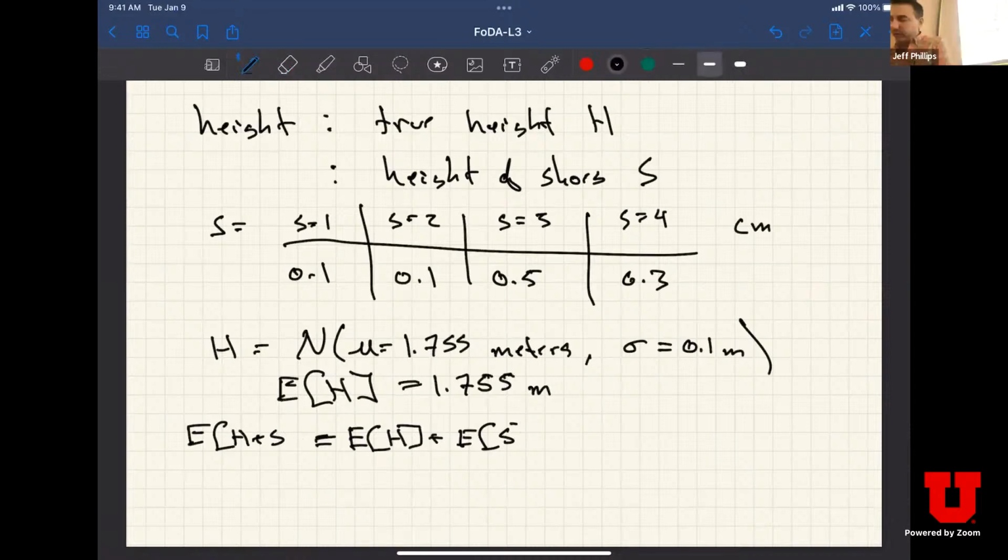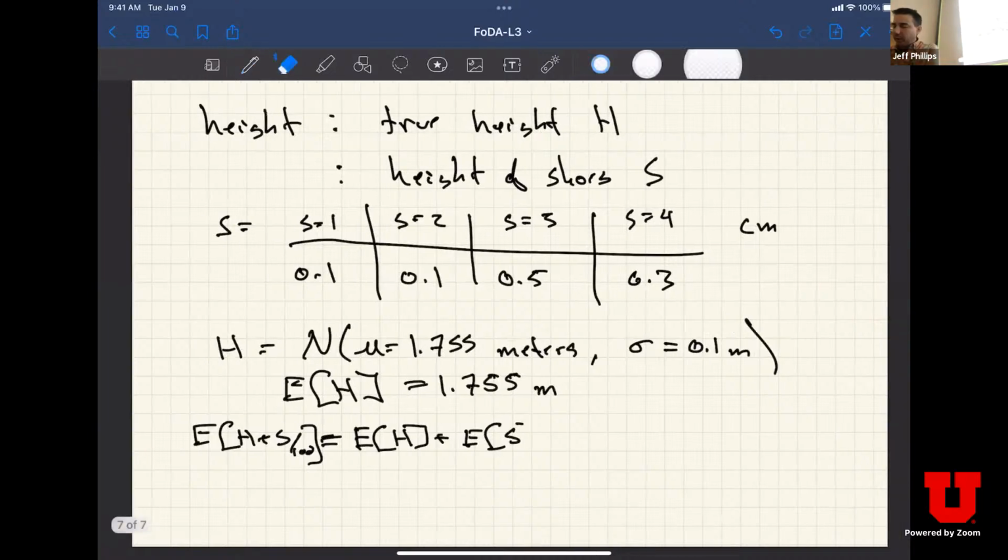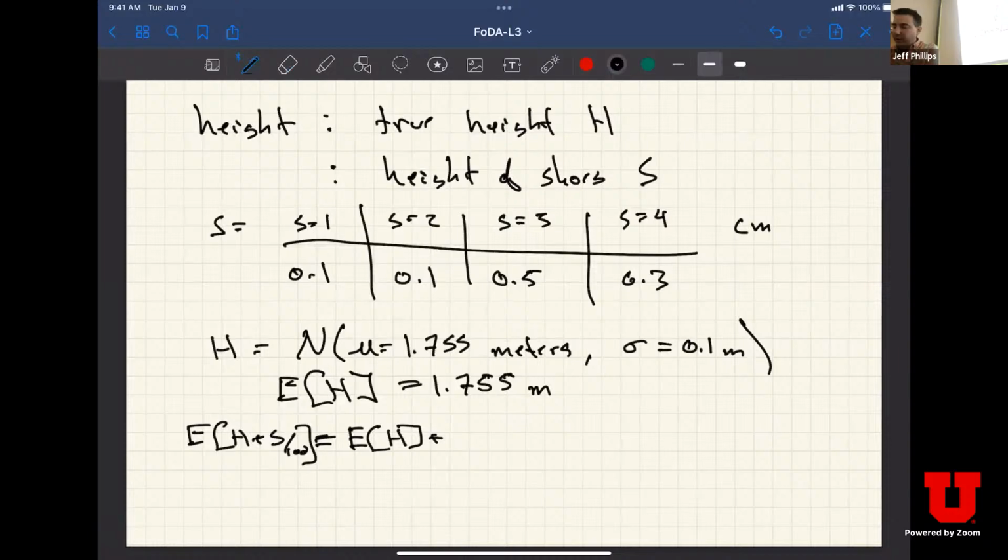What I actually need to do is divide this by 100, because I need 100 centimeters in order to get the answer in meters. So I can write this as the expected value of S divided by 100.